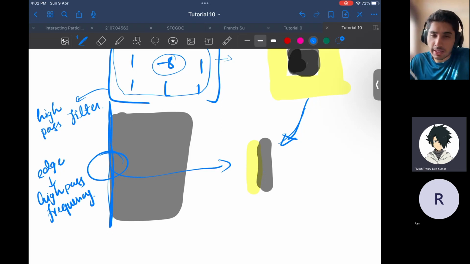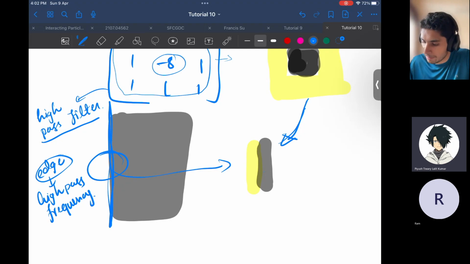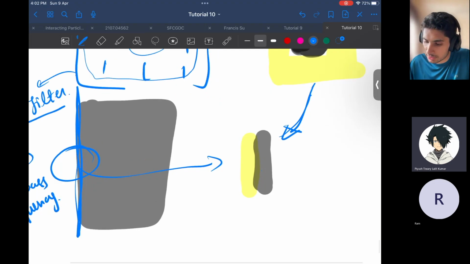There is a rapid change in colors when you look at an edge. Since this is a high pass filter, it can detect a high pass entity.